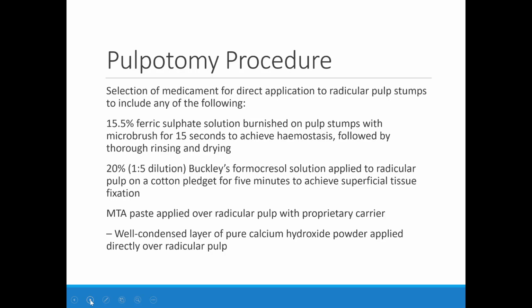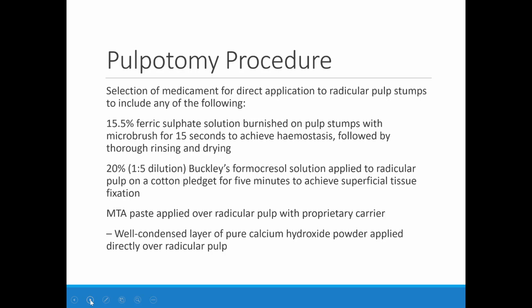Why do we need thorough rinsing? Because ferric sulfate changes the color of tissue, it's usually brown, and the tooth becomes darker. So we should rinse it to remove this solution of ferric sulfate, because otherwise the tooth becomes darker. And then dry.